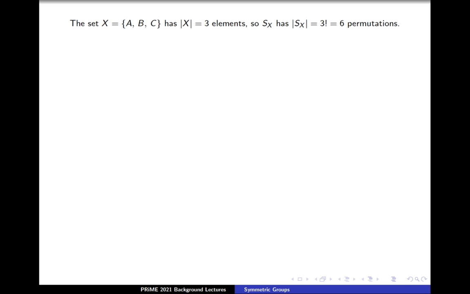For example, let's consider the set X to be the set of A, B, and C. This set has size 3. There are 3 elements. So S sub X has size 3 factorial, so it has 6 permutations in the collection.